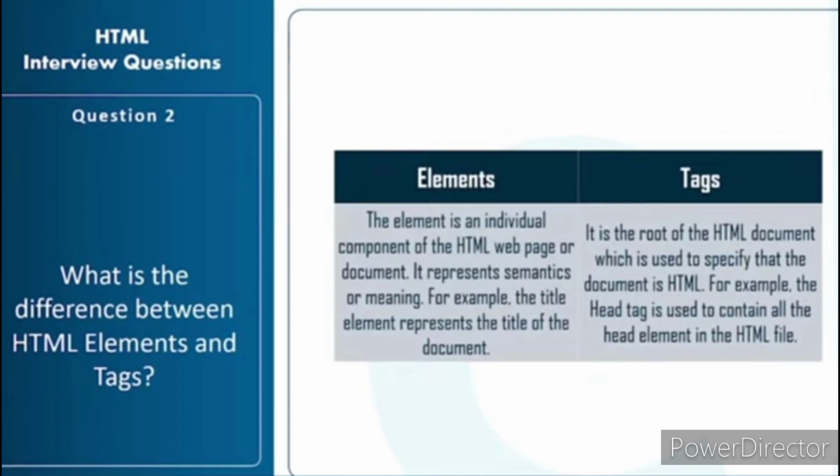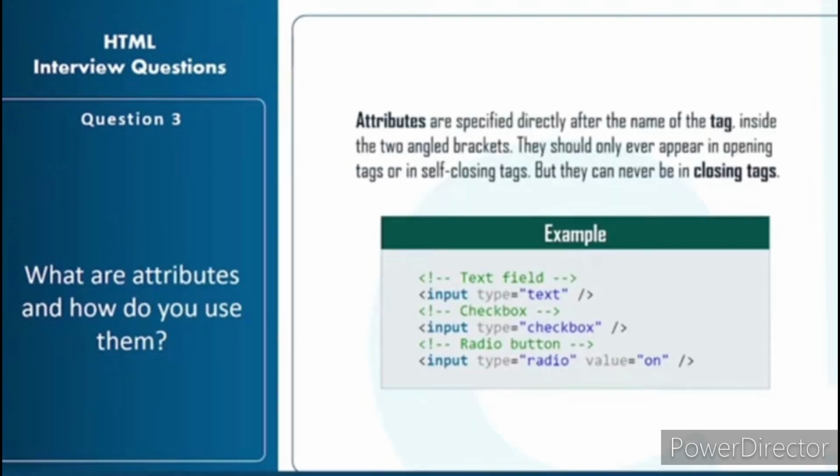For example, the head tag is used to contain all the head elements in the HTML file. And the next question is, what are attributes and how do we use them? Attributes are specified directly after the name of the tag inside the angled brackets. They should only ever appear in opening tags or in self-closing tags, but they can never be in closing tags.